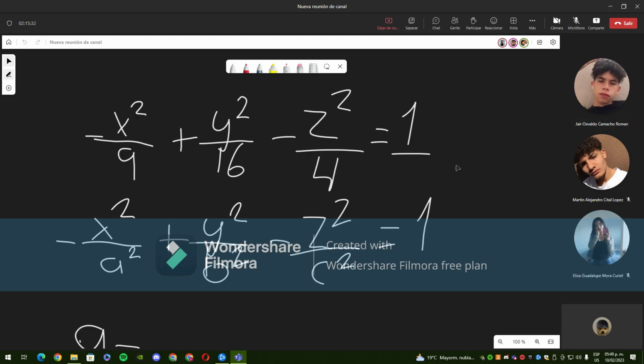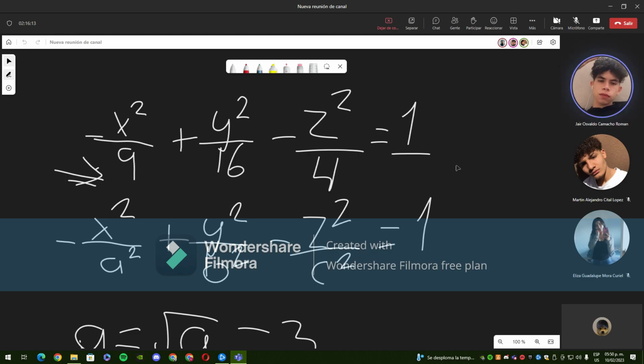So the first step is to have a, b, and c without the square. So we have 9, 16, and 4. The square root of 9 is 3, the square root of 16 is 4, and the square root of 4 is 2.